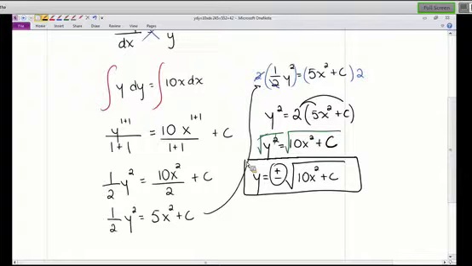So for 8a, your final answer should not be expressed in terms of c. I'm sorry for that confusion, but it should not have been expressed in terms of c because of the initial condition. Your final answer is just y is equal to e to the power of 5x.